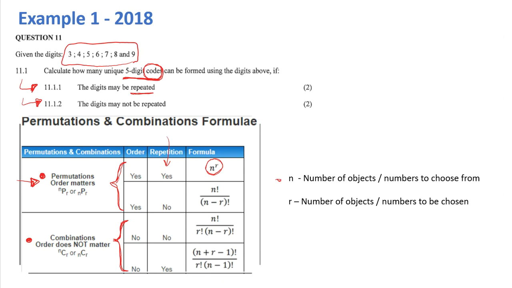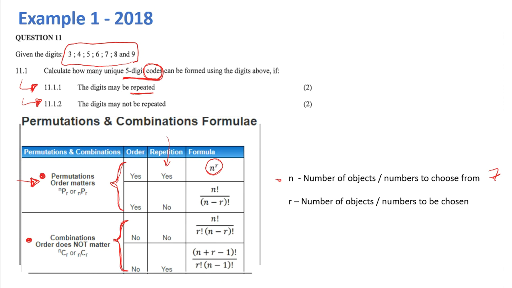But the point is that n is the total number of objects that can be chosen from, and r is the number of objects to be chosen. So for this example, I've got 7 things that can be chosen from: 3, 4, 5, 6, 7, 8, and 9.